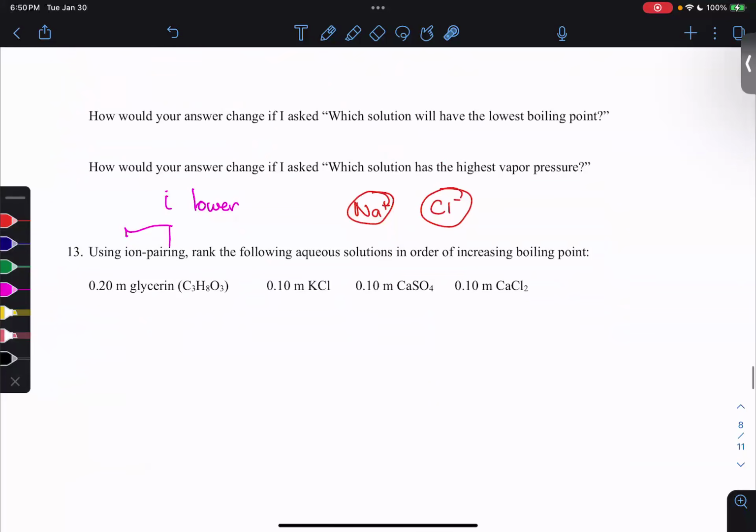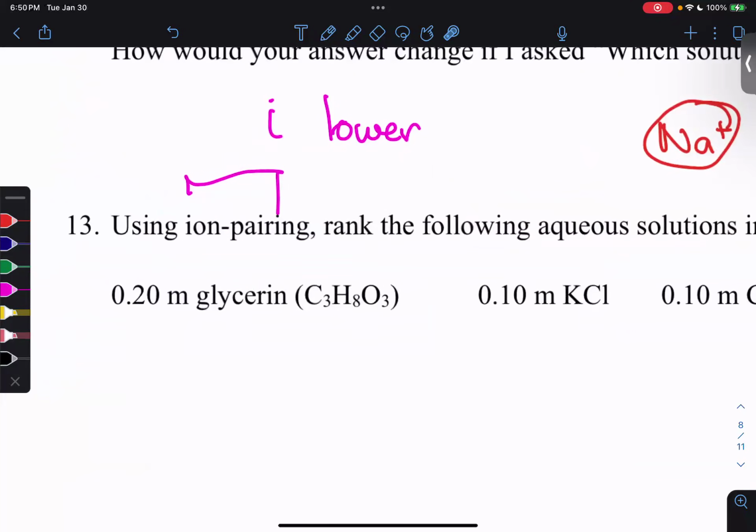So if we look at this, let's just go ahead and calculate the I times M product for all of these, and we'll just see if anything weird happens. Okay, glycerin, what's the I for glycerin? 1. So its I times M is equal to exactly 0.2. All right, what about KCl?